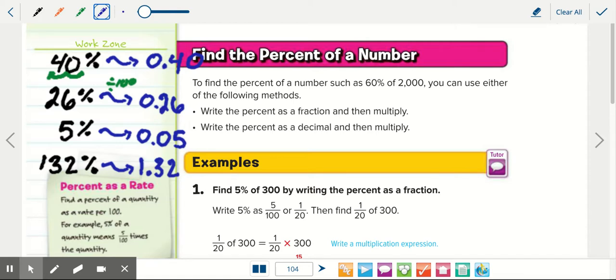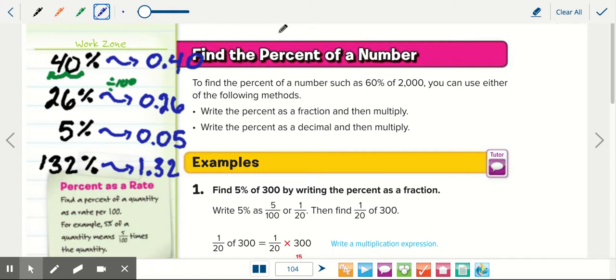And again, you could have done this either one of two ways, because it is the same thing: moving the decimal 2 spots to the left or dividing by 100. During this unit, we will be using a calculator, so you will need that every day for this unit. All right, now that we've reviewed that, let's go ahead into finding percents of numbers.